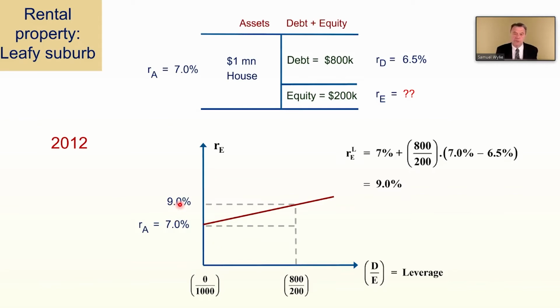9% total return. Now, you might be thinking, that isn't very much extra return for all of that extra risk. And I would agree with you, and actually, a lot of investors would agree with you. For a long period of time after 2012, the total amount of money borrowed from banks for investment in property in Australia went down.